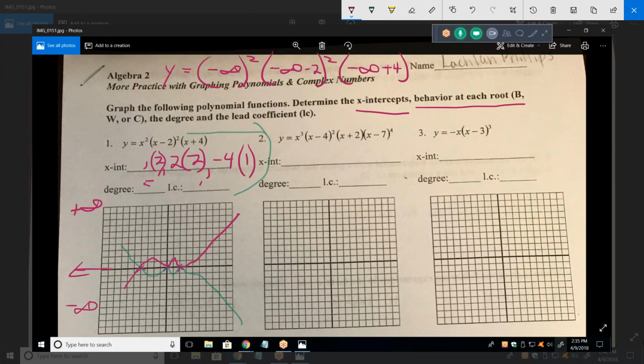Well, what's the first term? What's negative infinity squared? Negative times negative is positive. And infinity times anything is infinity. What's negative infinity minus 2 squared? Would it be infinity?